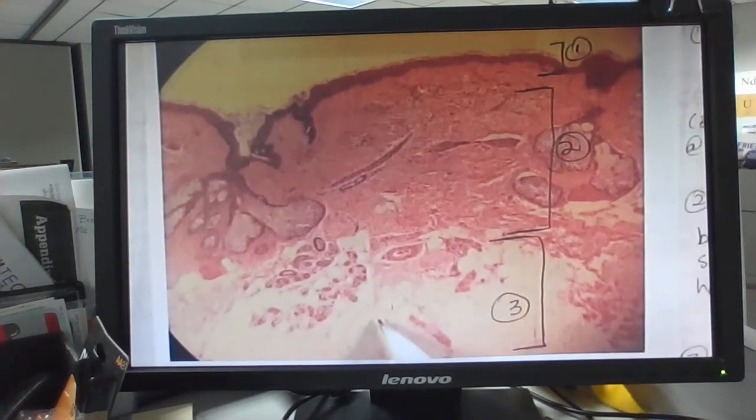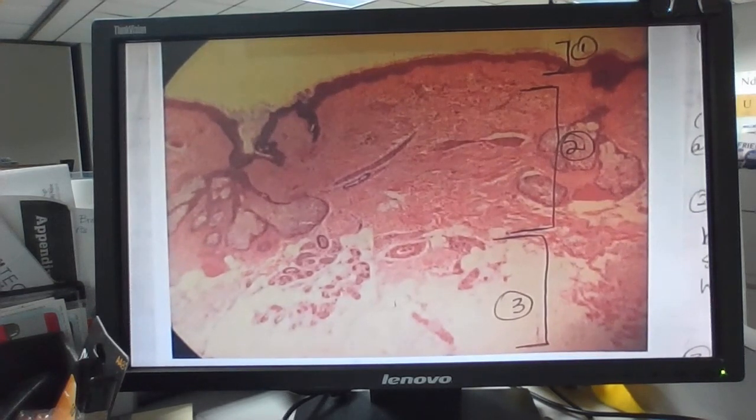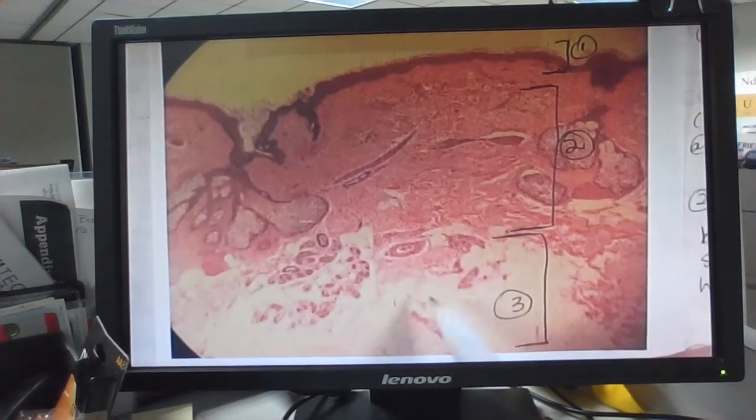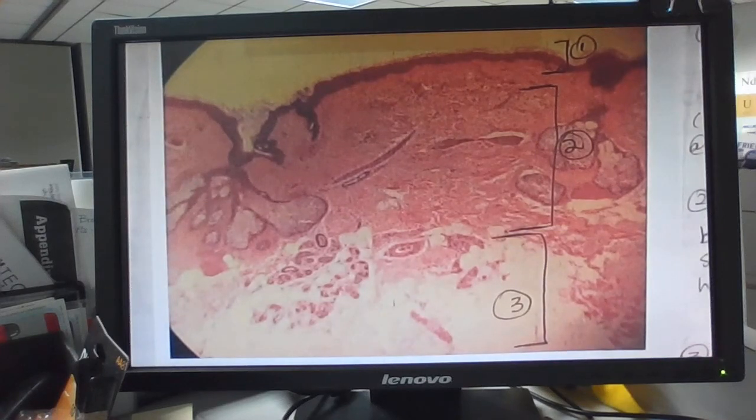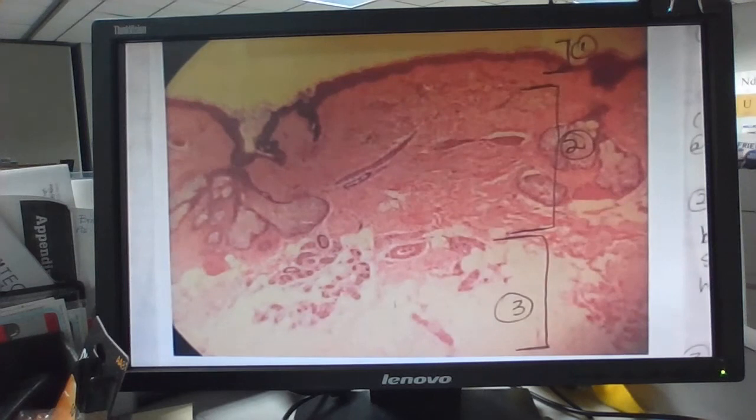Does anybody know what these little cells are? You can see the little circles, but they look like they're empty. No, this is skin. Red blood cells would be in a blood vessel. It won't be out through here. This is a tissue type.